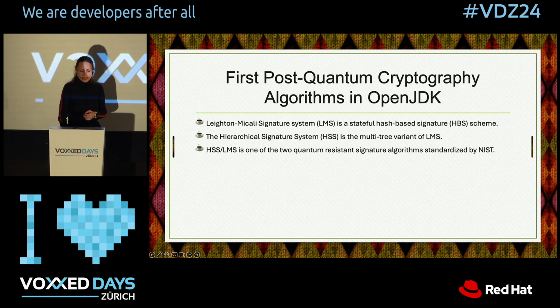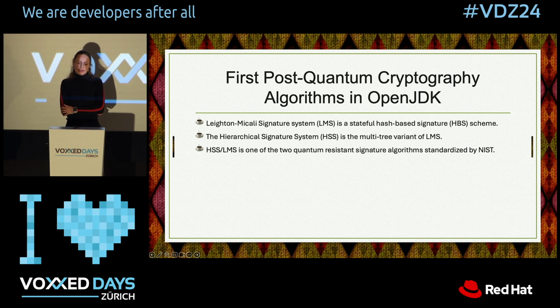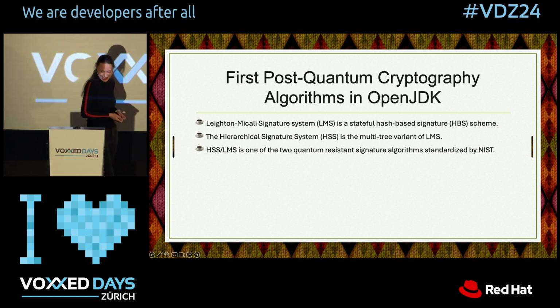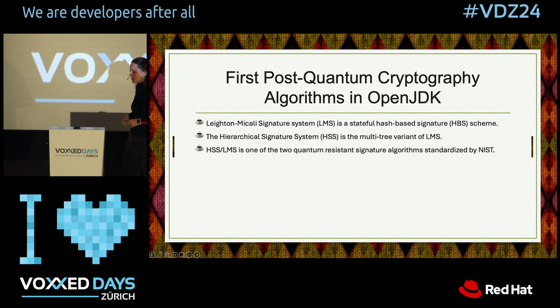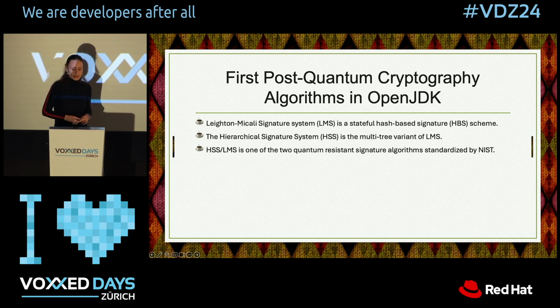That's why it's believed that this algorithm will be stronger. So HSS-LMS, the alliteration is tough for me to say, is one of the two quantum-resistant signature algorithms that have been standardized. The other one is XMSS. It's similar to this one, but it's less popular.